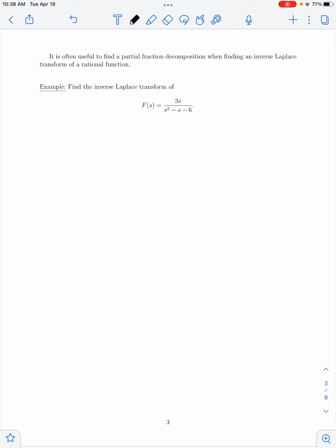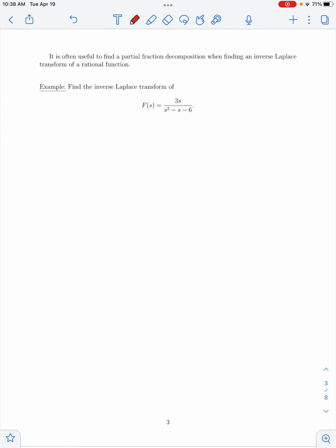Now let's look at some other examples here. One thing that we will often have to do when finding inverse transforms is rewrite a product of functions in terms of a linear combination to find my inverse transform term by term.